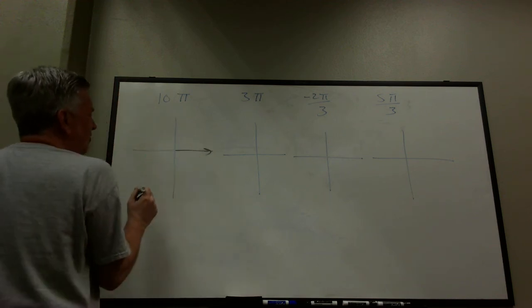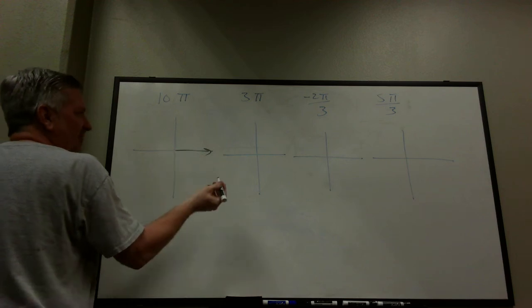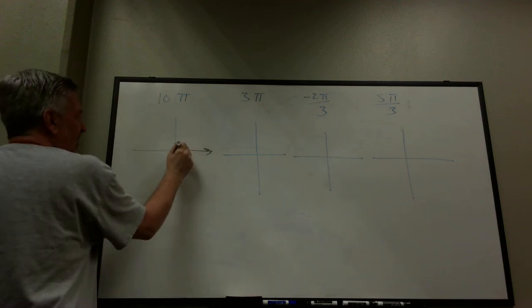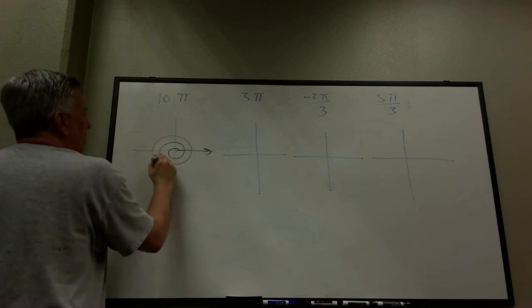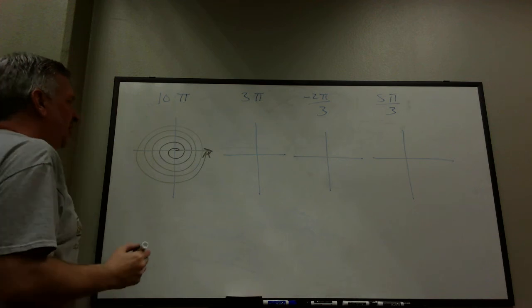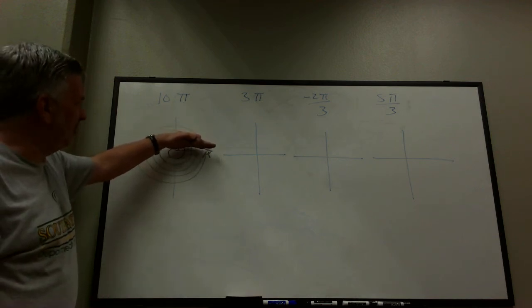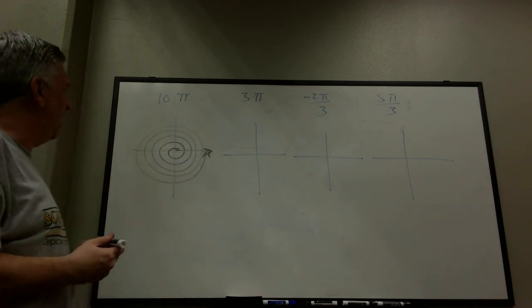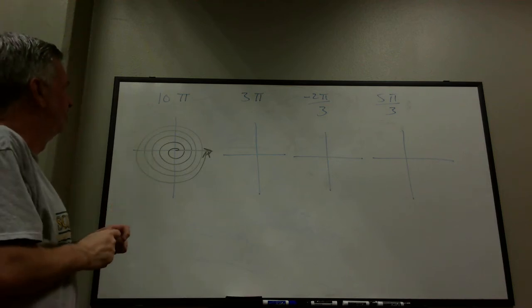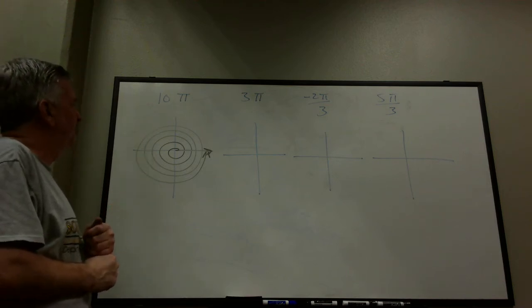So there's my initial side. 10 pi is 5 times around. And it's a positive angle, so I'm going counterclockwise. 1, 2, 3, 4, 5. And it stops there. So this is a quadrantal angle, right? The terminal side is on one of the axes. And there's a picture of 10 pi radians. So I didn't have to convert to degrees. It was 5 times around.